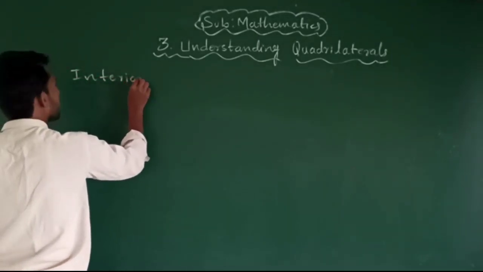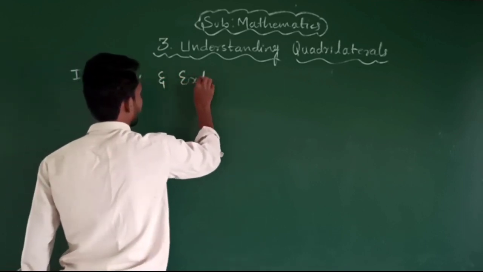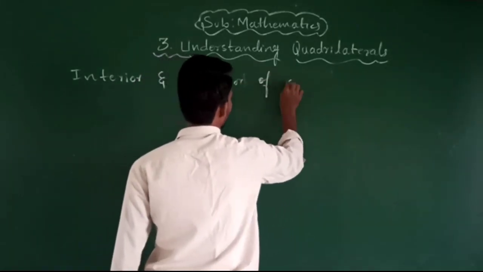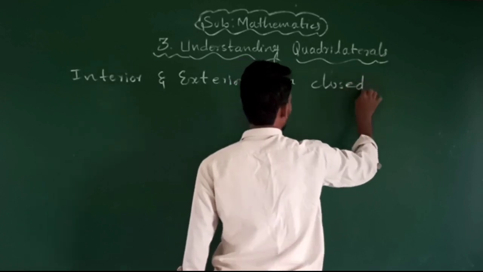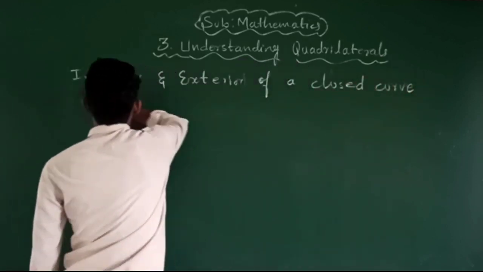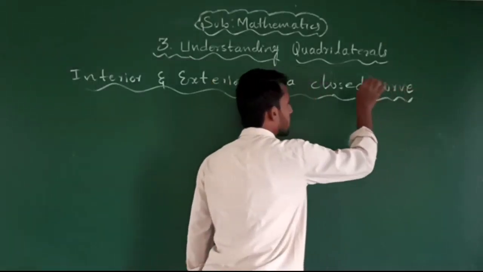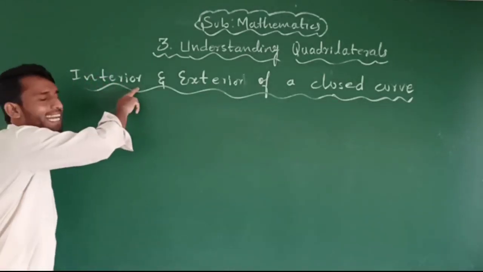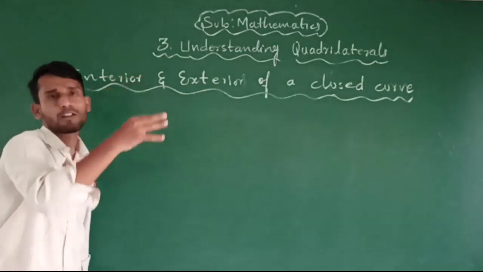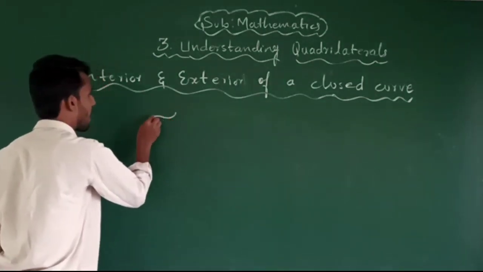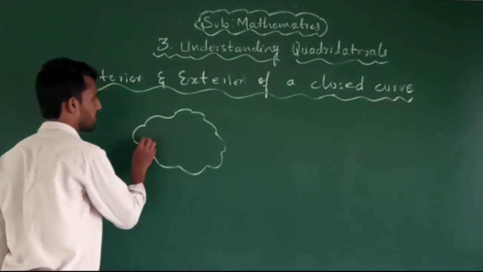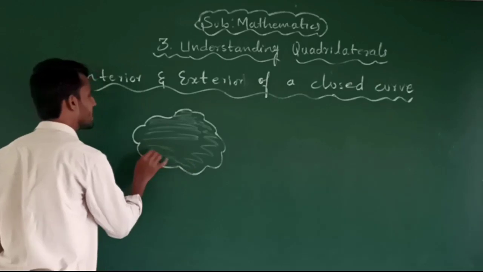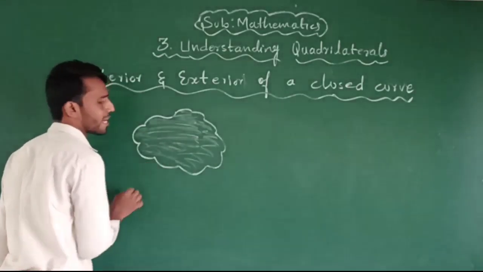Dear students, by using two figures, I will show which are the interior and which are the exterior of a closed curve. See, for example, I am drawing one figure. I am shading this part. This is the interior of the closed curve.